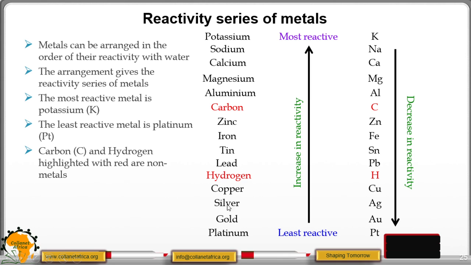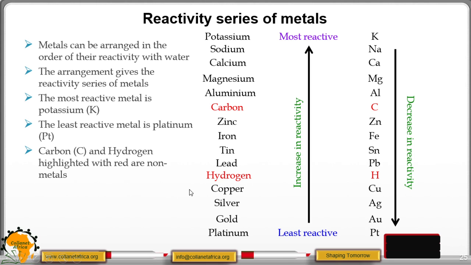The most reactive is potassium, followed by sodium, calcium, magnesium, aluminium. Then we have the non-metal carbon. Then we have zinc, iron, tin, lead. Then we have the non-metal hydrogen. Then we have copper, silver, gold, and platinum.